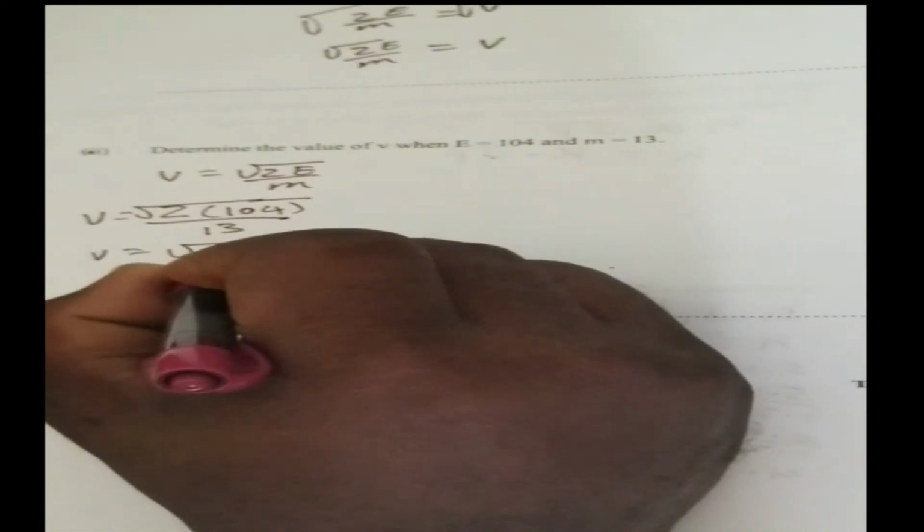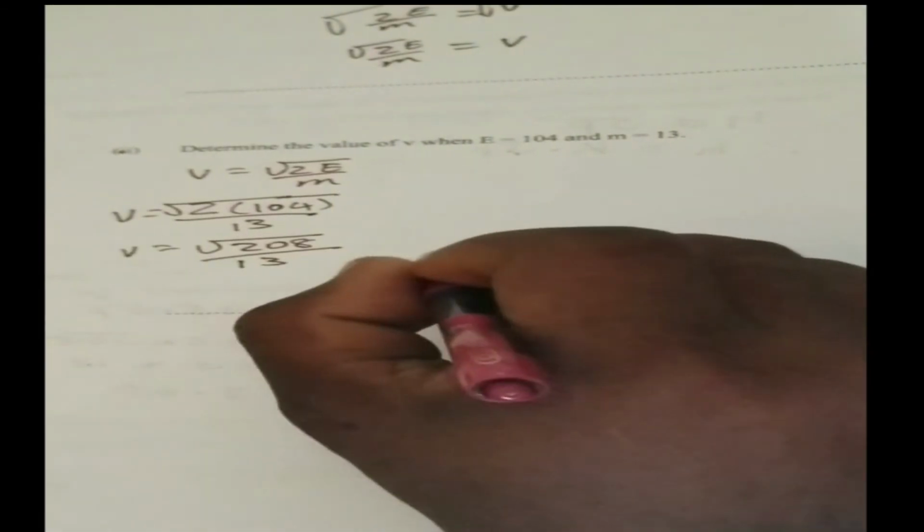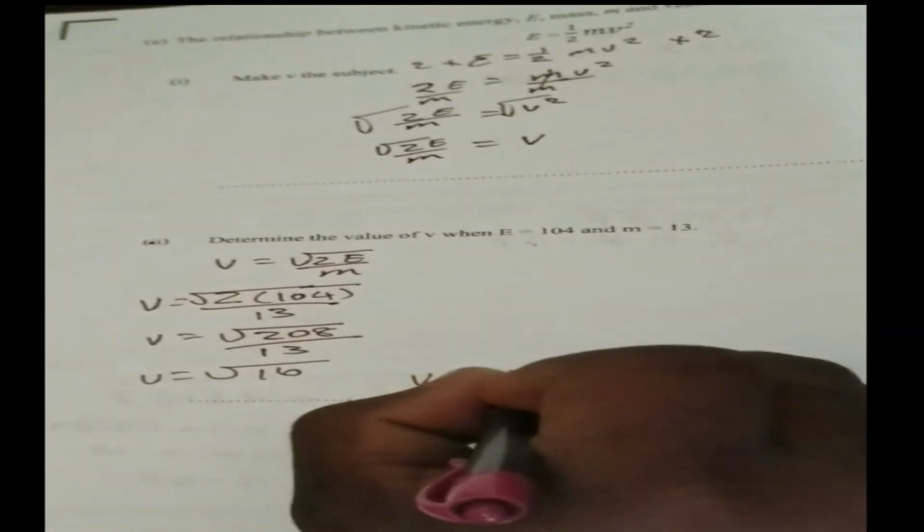V is equal to 2 times 104 divided by 13, we get 16. So we say v is equal to the square root of 16. And the square root of 16 would be v is equal to 4. Alright, so that would be our value of v in that equation right here.